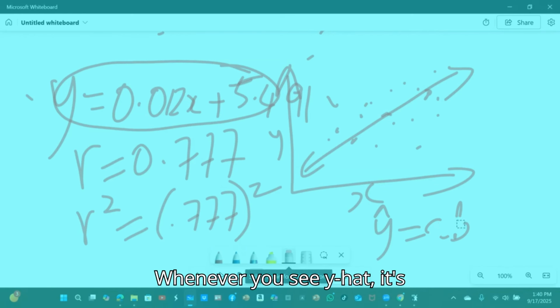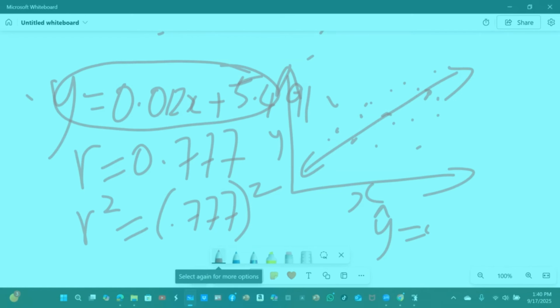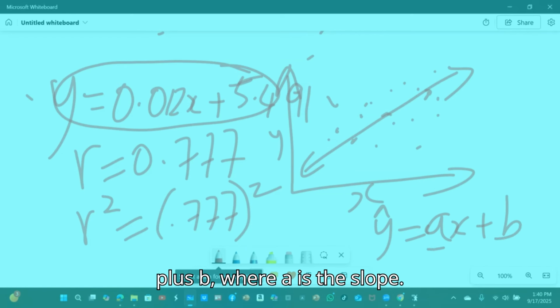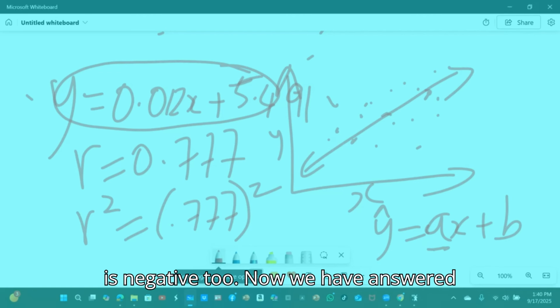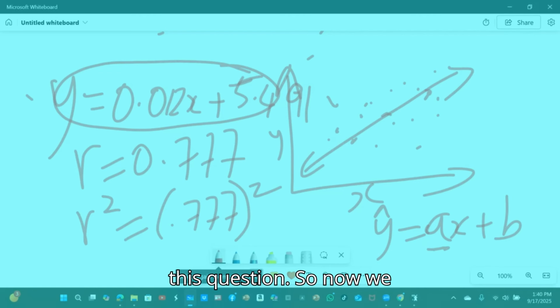So y equal to ax plus b, where a is the slope. Whenever the slope is positive, the coefficient of correlation is positive also. When the slope is negative, the coefficient of correlation is negative too. Now we have answered this question.